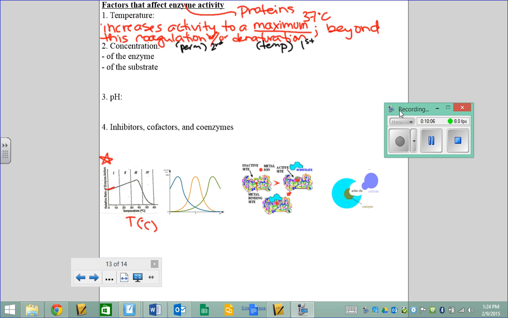As you can see, the line goes up very steadily and then really sharply drops off. And that's because we got past that maximum point. Look at how the maximum there was very close, or exactly 37 degrees Celsius, and then the enzyme really quickly stopped functioning. Would anyone like to ask anything about temperature here?